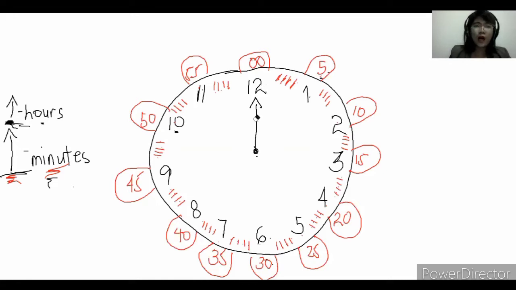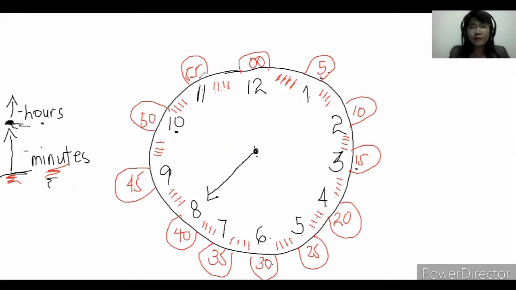When the long hand points to number 3, you will say 15. When the long hand points to number 8, you will say 40. Okay, let us try.